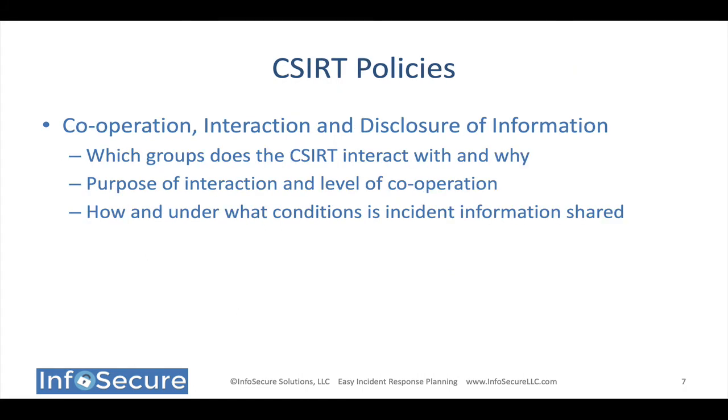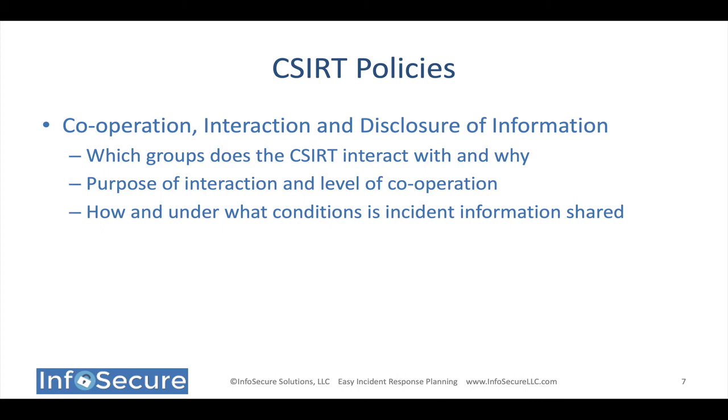The next part of Section 4, policies, in the RFC 2350 outline for a CSIRT template, talks about cooperation, interaction, and disclosure of information. Now, this information is important and useful, but it may vary depending upon what kind of CSIRT you are. If you are an internal or operational CSIRT for, as we've been saying, XYZ Corporation, this is not that big a deal.